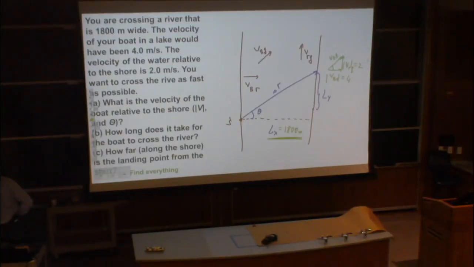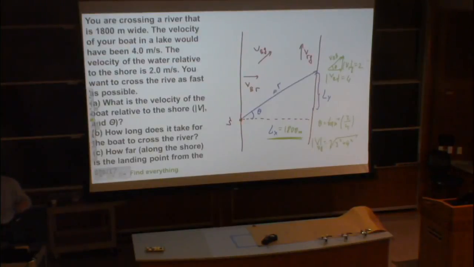All we have to do is, let's call this again theta. So angle theta will be equal to inverse tangent of opposite over adjacent, and the actual speed of the boat relative to the ground will be equal to the square root of 2 squared plus 4 squared.